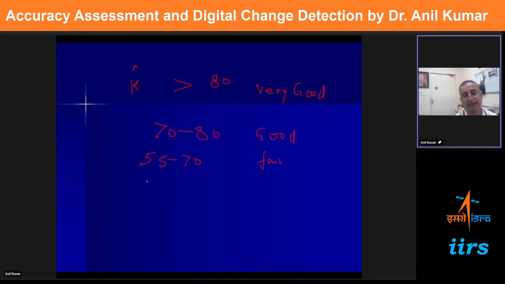And if it is less than 55, it is poor. So like this, a very broad range of accuracy can be assessed. The same way, this is in points, not in 70 to 80, because this is in decimals. But the same way you can do the assessment for the overall accuracy also: whether it is very good, good, fair, or poor.